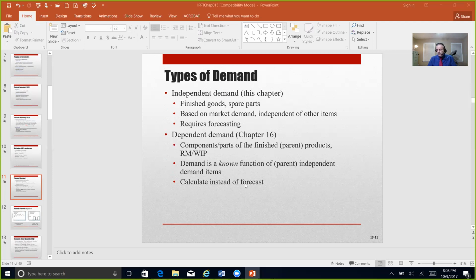As soon as the inventory levels start to drop, an order is automatically triggered and more material is sent to replenish what is being used. Then the second piece is dependent demand, which is a requirements philosophy.